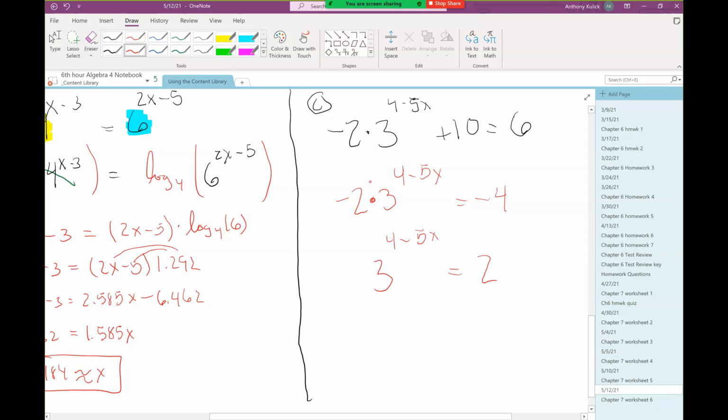So, to solve this, I'm going to use a logarithm. Which logarithm would I want to use? Log base 3. Good. I want the logarithm whose base matches the base on my exponential.